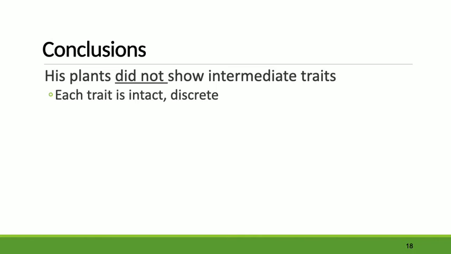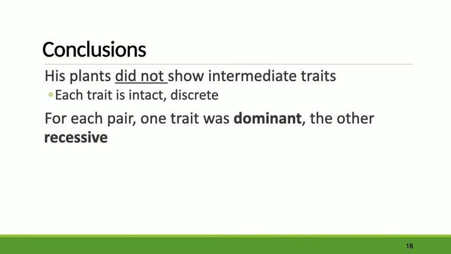So there's information for purpleness and information for whiteness. For each pair, remember I showed you he looked at 7 traits and each trait had 2 variants. Well, for each trait, one of the variants was dominant and one was recessive. I think the word trait here is used in a confusing manner, so I apologize.